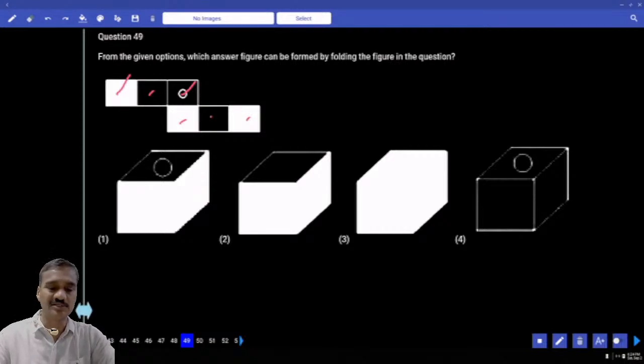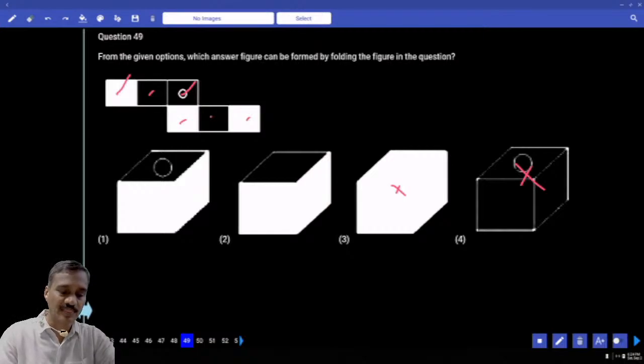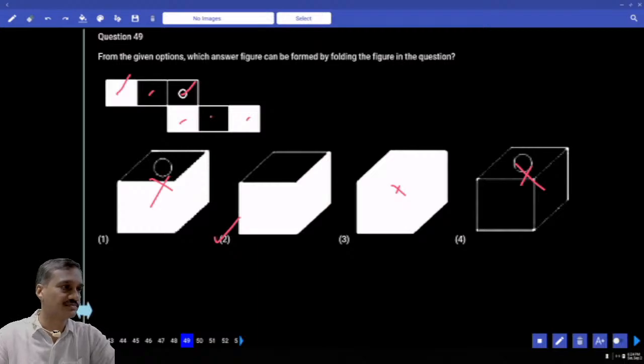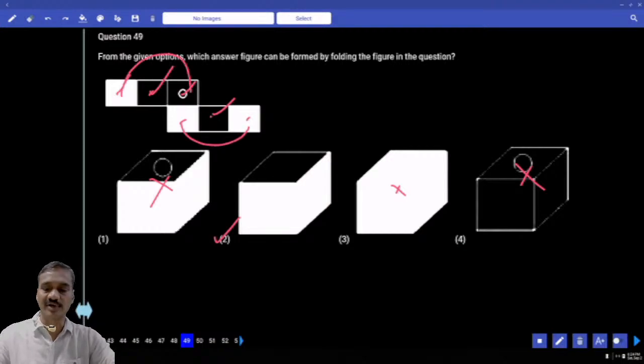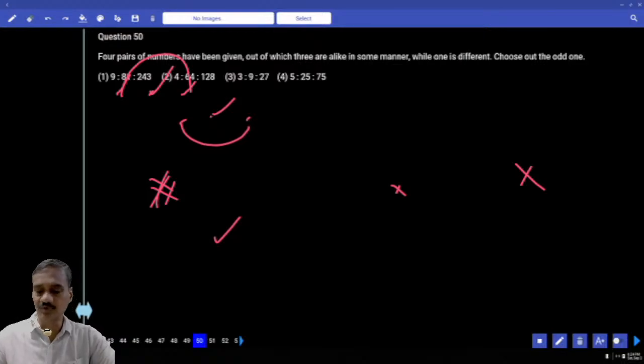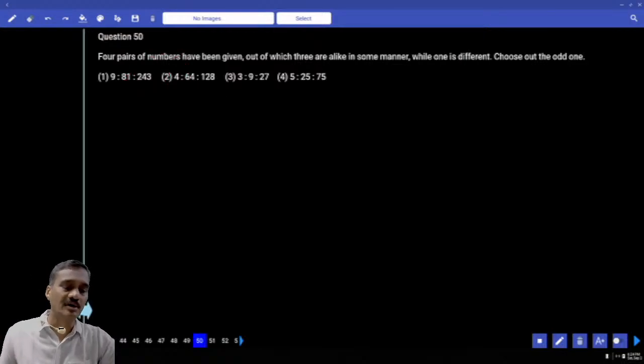As two blacks must be opposite to each other, this cannot be your answer, and this also cannot be your answer, and this also cannot be your answer. White and white are opposite, and white and the circle must be opposite to each other. So 49, choice 2.